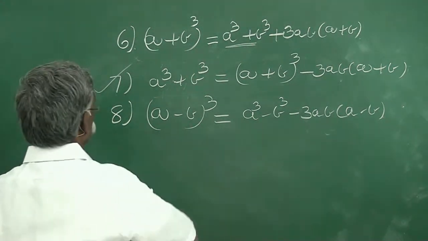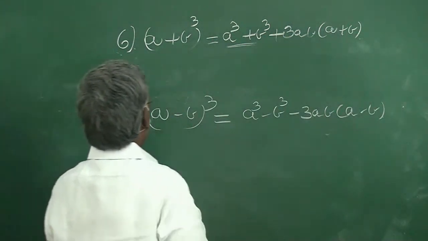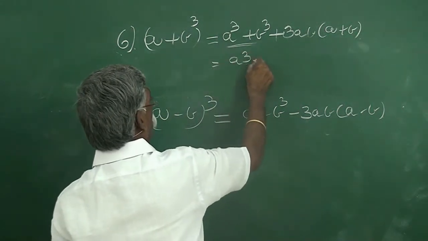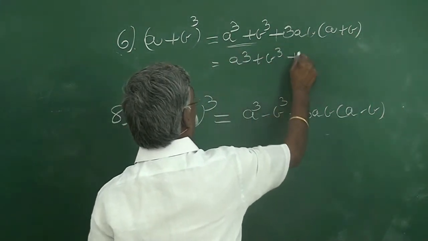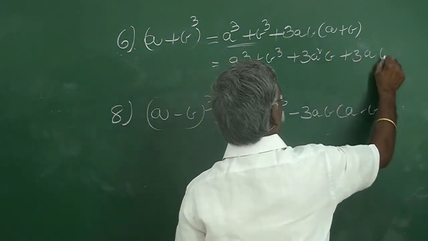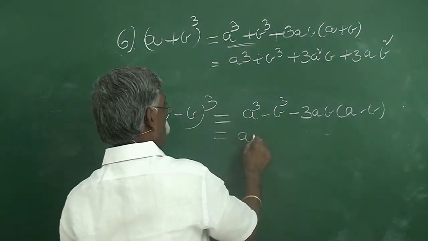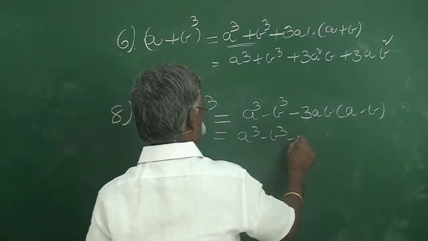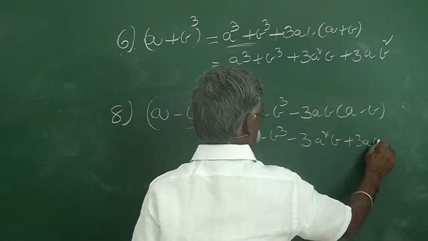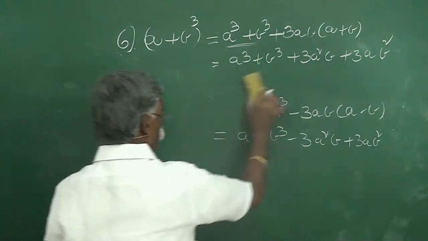Now, if you look at this a plus b whole cube, this is a cube plus b cube plus 3a square b plus 3ab square on expansion. And this on expansion, a cube minus b cube minus 3a square b plus 3ab square. Okay. Now look here carefully.